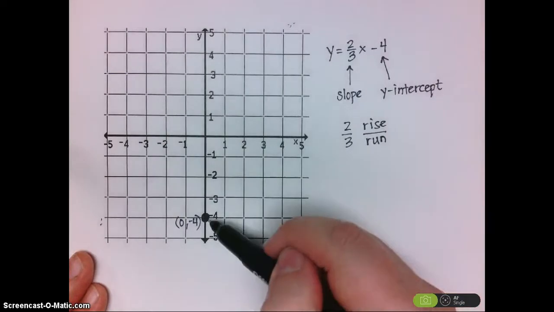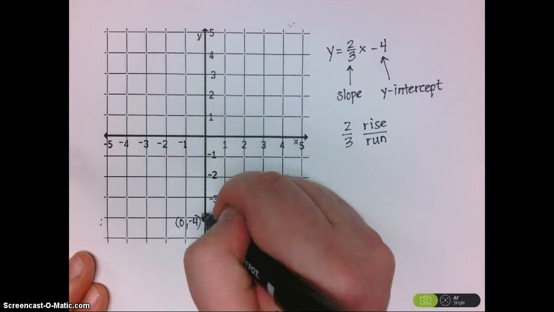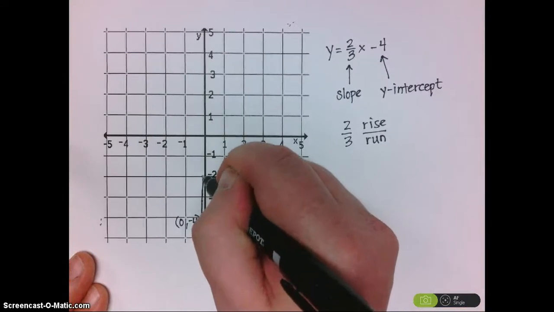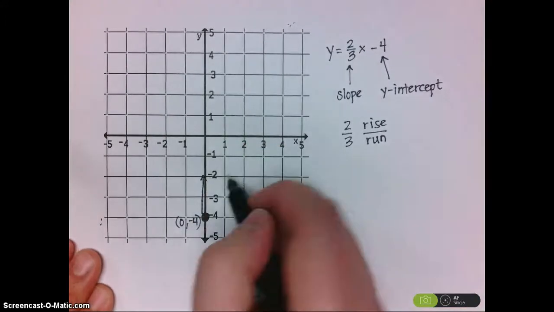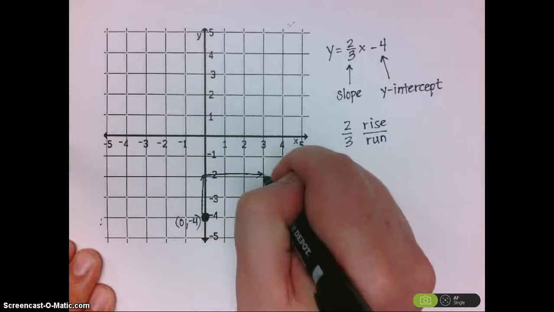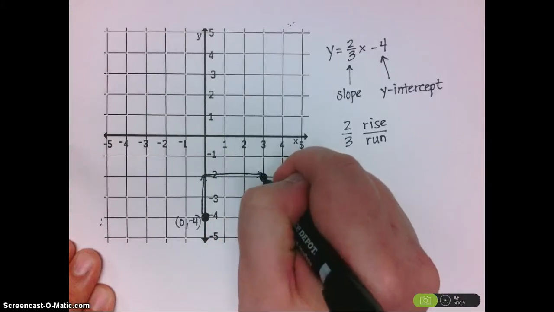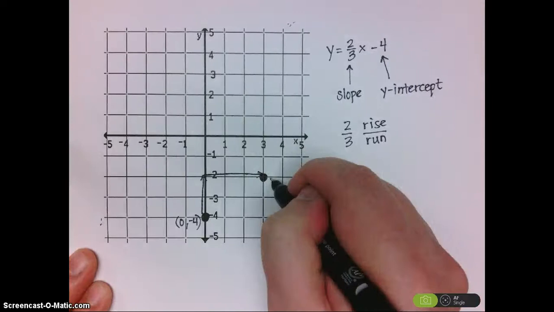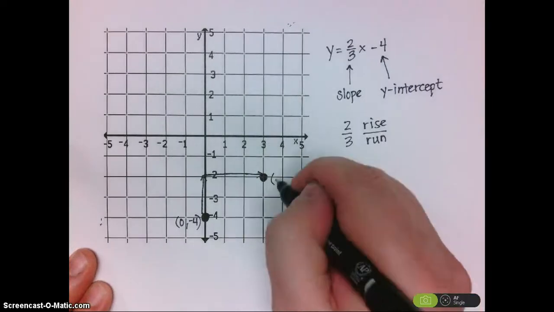So from this negative 4, I'm going to rise up 2, 1, 2 spaces, and I'm going to run positive 3, 1, 2, 3. I'm going to put my dot right there. This is actually at 3, negative 2.